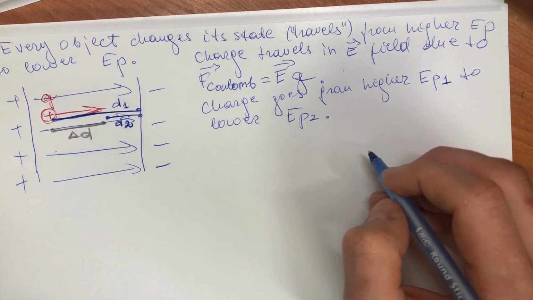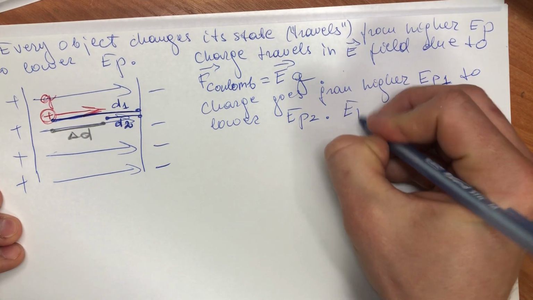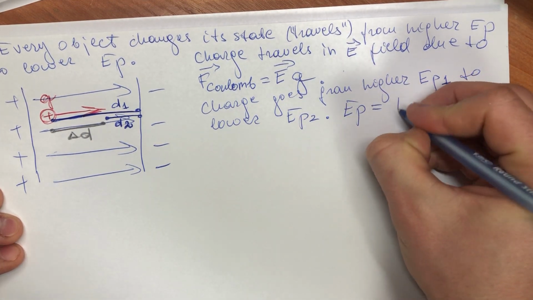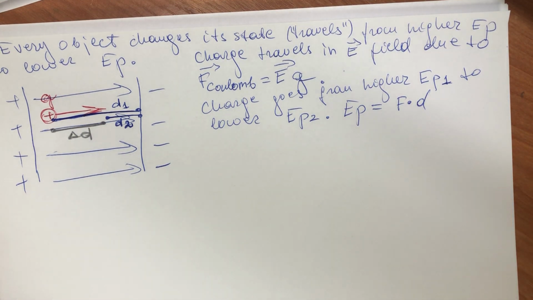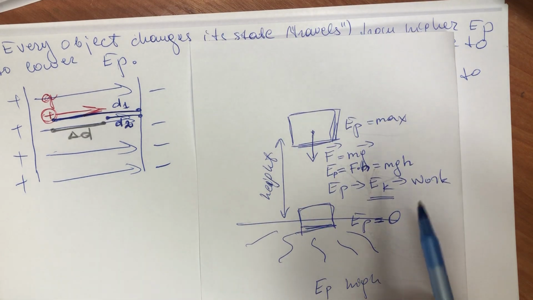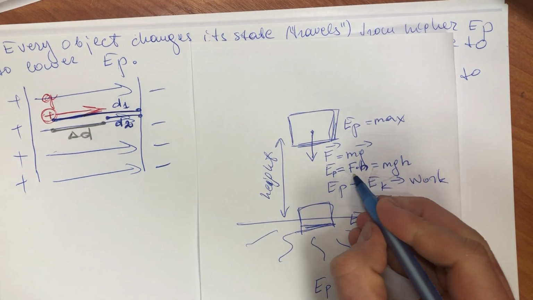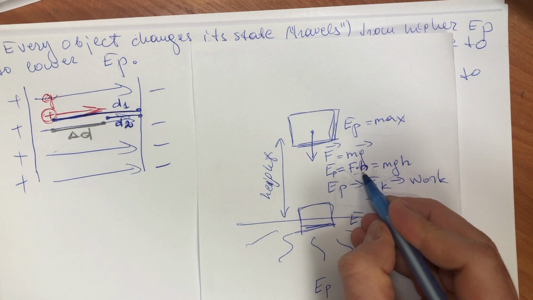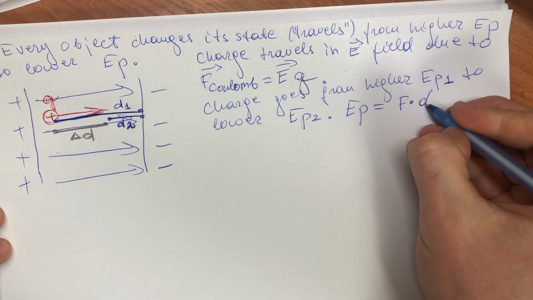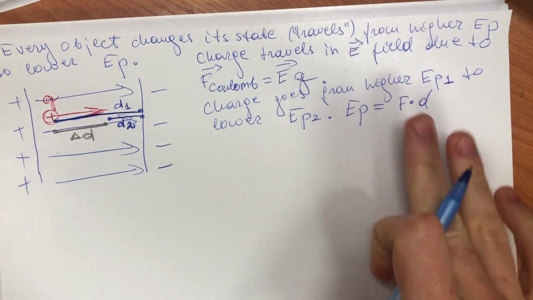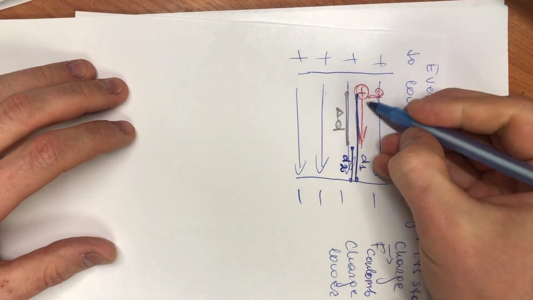So it has potential energy, and this potential energy is provided by force times distance, as it was force times height. Remember, it was force times height. Here it is force times distance. The same. Imagine if we turn this and it was falling down.